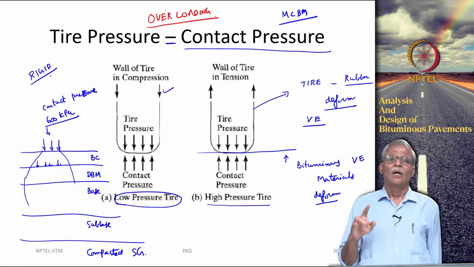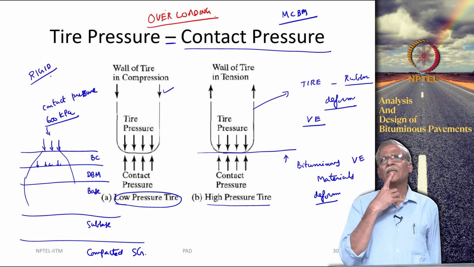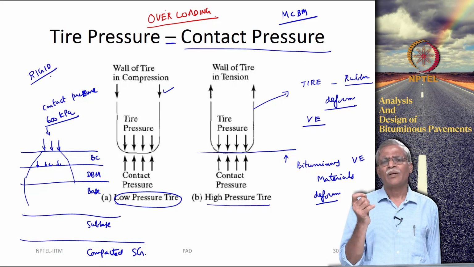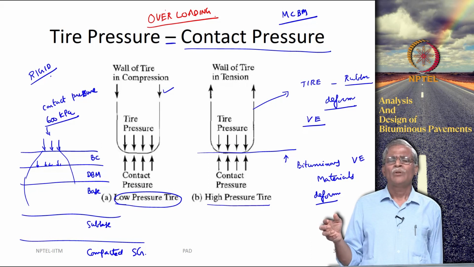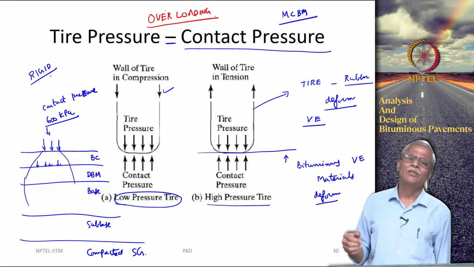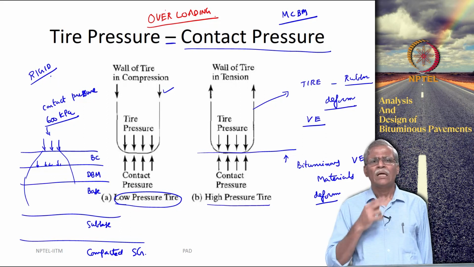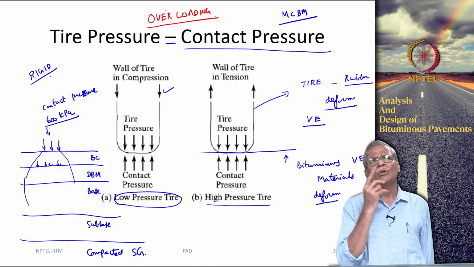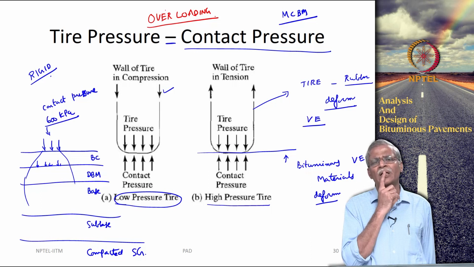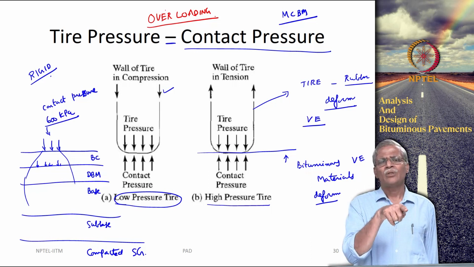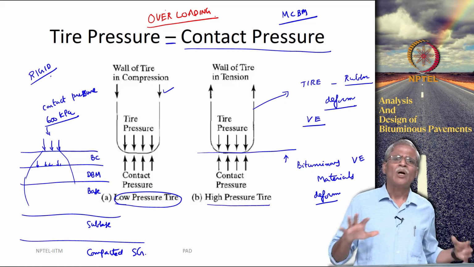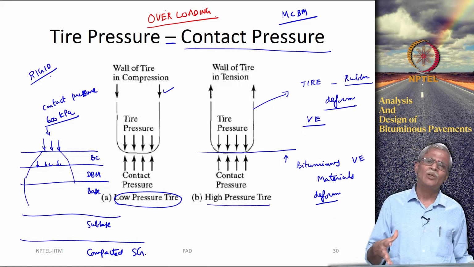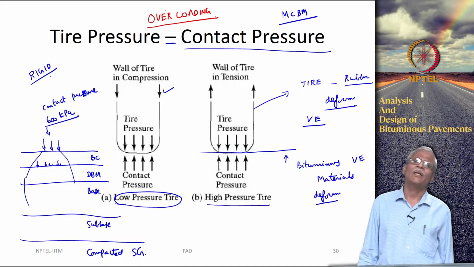Now, you can actually ask, so what about the tire pressure there? They are basically going to say that, let us say, it is 1000 kilopascal. Then you will ask, so he is overloading and he has a tire pressure of 1000 kilopascal, how does this translate into my contact pressure?